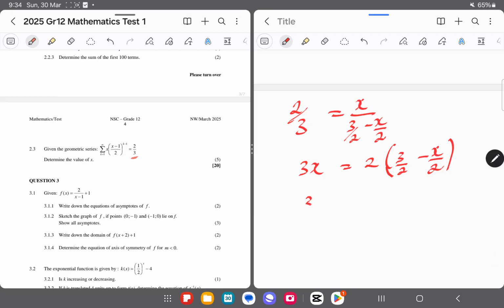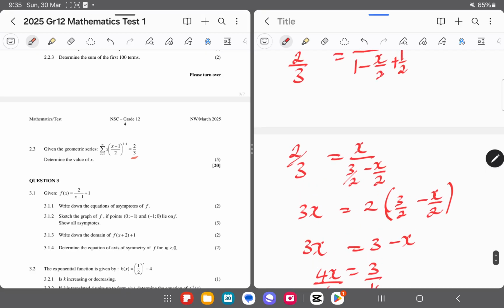And then we'll still have 3x equal to 2 times 3 over 2, which will give you 3, minus x. If you take x to the other side, we're going to have 4x equal to 3. We divide by 4. x is equal to 3 over 4. And then you get your full 5 marks.